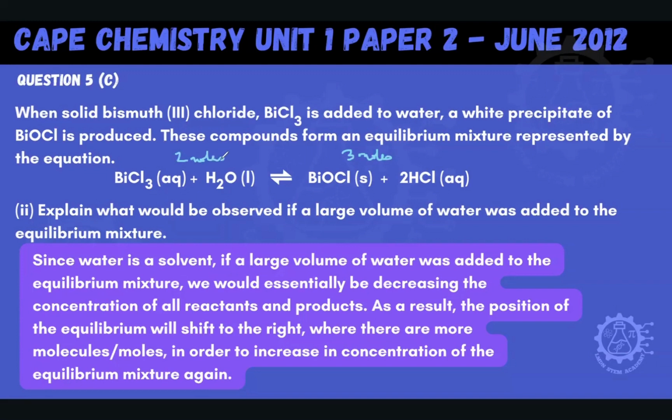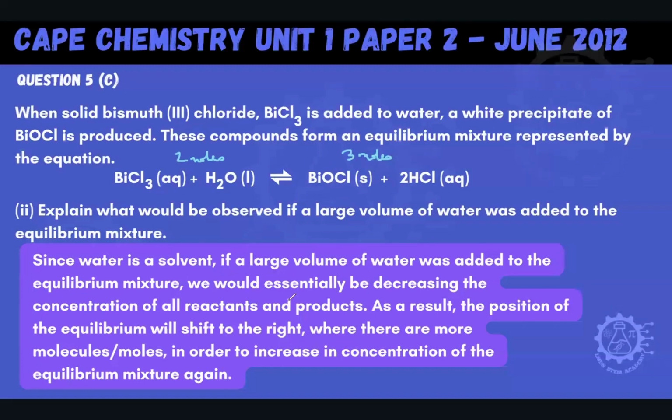So if I add a bunch of water, dilute everything, and bring the concentration of everything way down, then the system has to compensate for that drop somehow. And the way that it does that is by shifting to the side where there are more molecules. So there will be a higher concentration on this side on the sheer basis of there being more molecules present on that side. Okay?